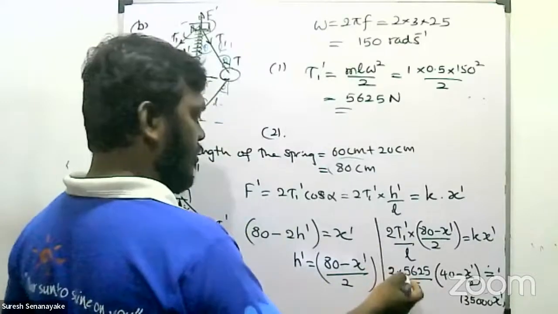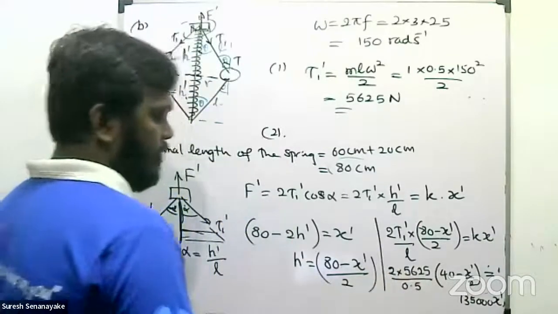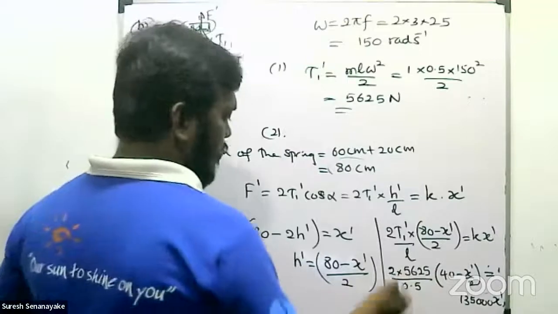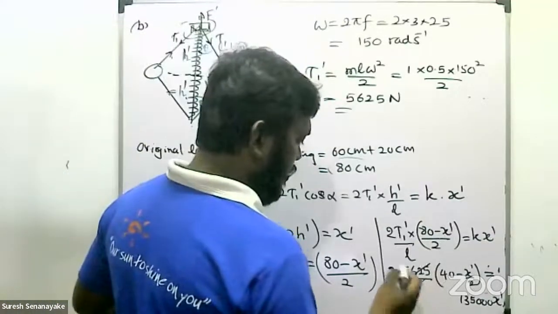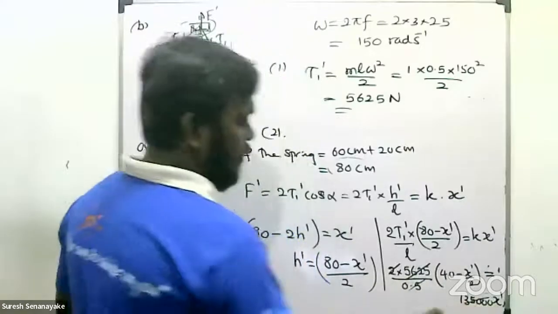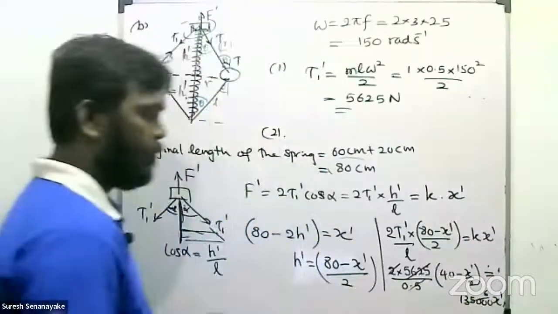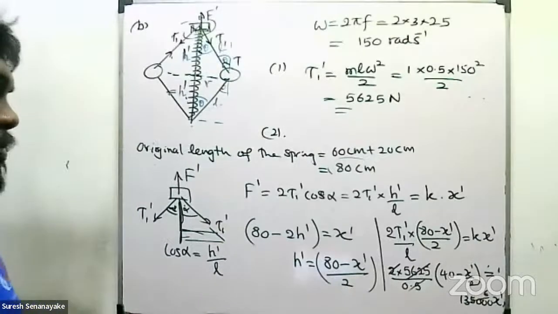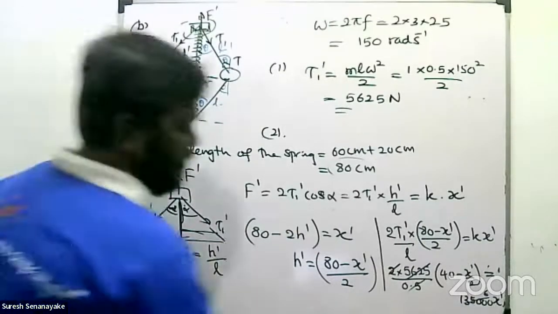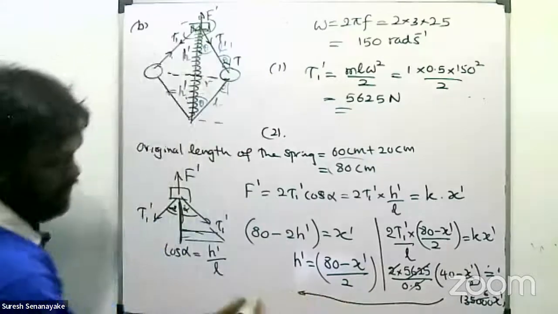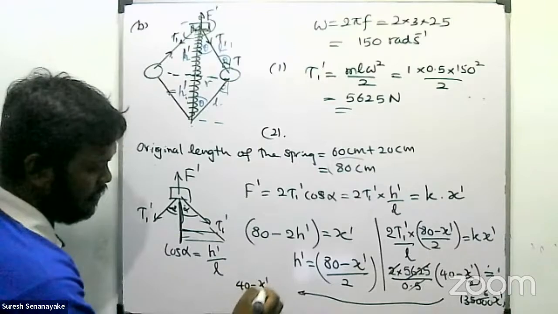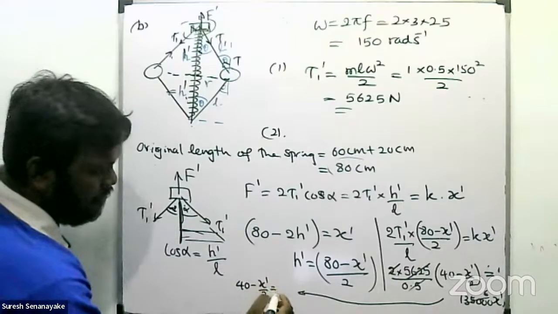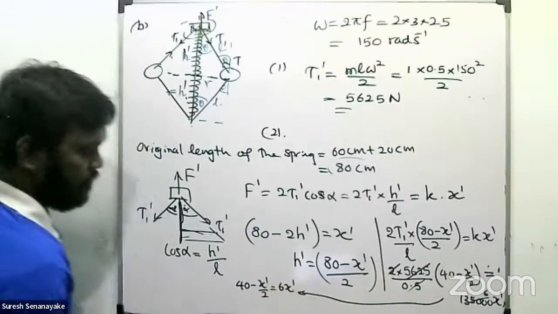So they can get the answer here: 11250, 22500, 22500, 1,35,600, 22500, 45,000, 2 and 6. Simplifying this, we write 40 minus 6 over x dash 2 equals 6x dash.